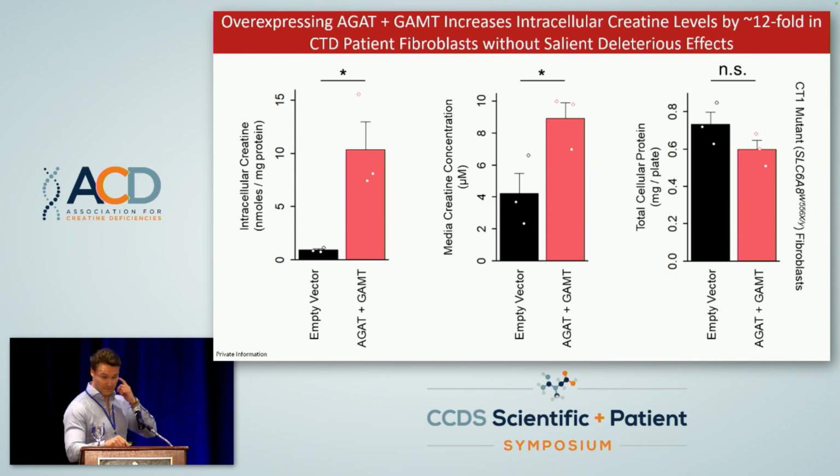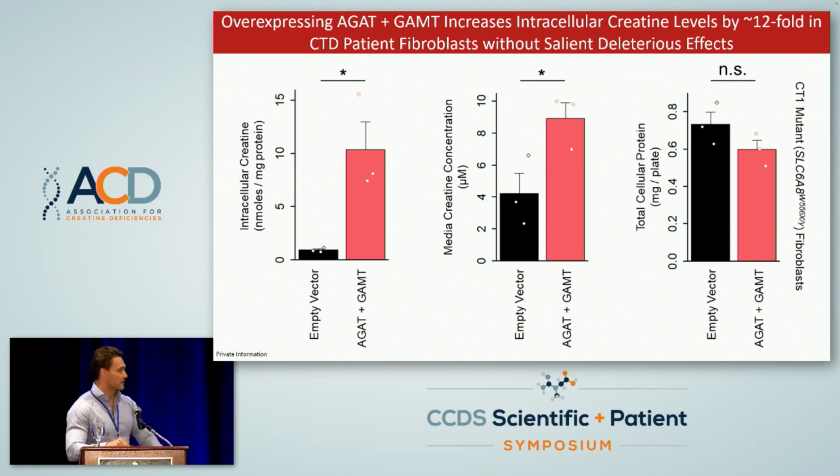But we tried this with another line of CTD patient fibroblasts, which had a different mutation. That is this W588X. And so when we do that, we get that same increase that we saw in wild-type fibroblasts, so like a 12-fold increase in intracellular creatine.